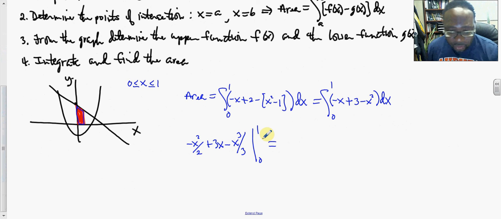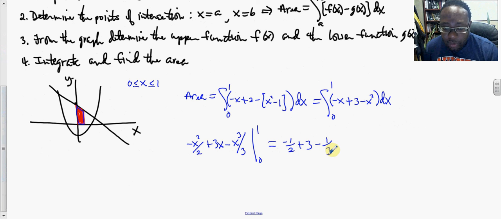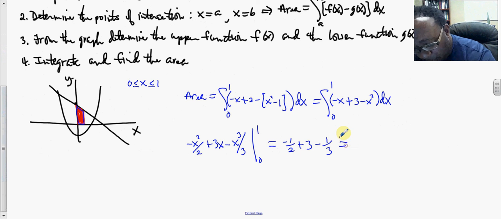So we plug in x equal to 1. So it gives us negative 1/2 plus 3 minus a third. And then we evaluate these terms at 0, and they're all 0 there. So we simplify this.